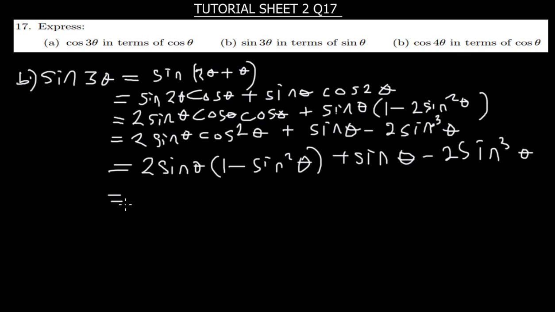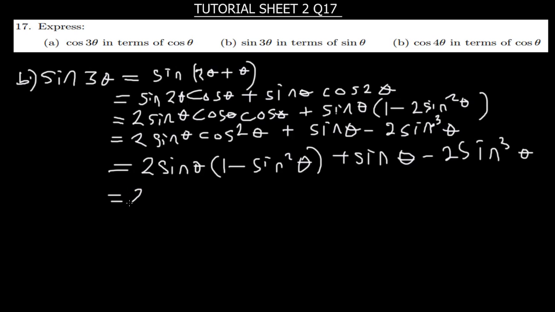Then lastly, you open the brackets, meaning you multiply this 2 sine theta with everything in the brackets.